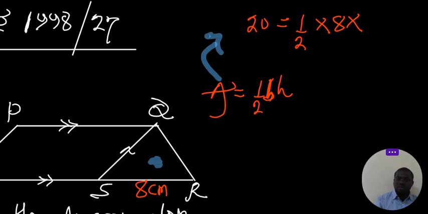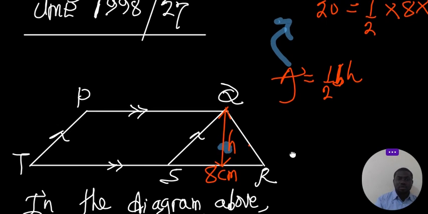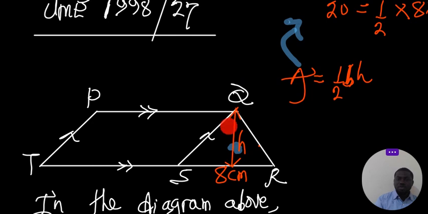Then the height is unknown. So let's call the height from here to here H. So obviously the height from here to here transforms to a height from here to here.